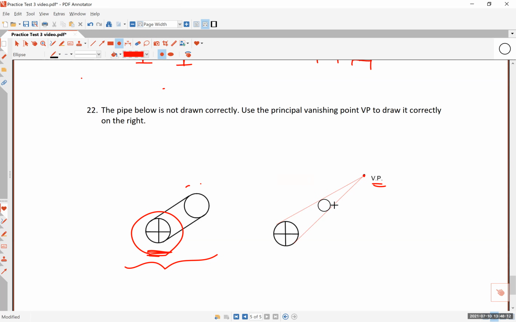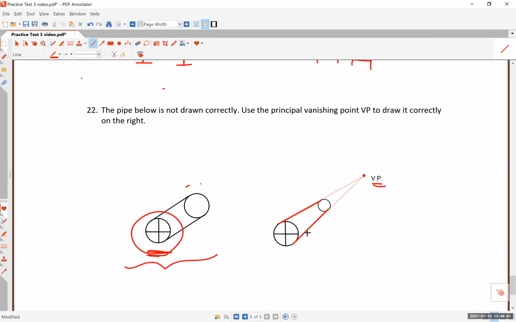Now this circle will be smaller because it is farther away from the front face of the pipe. At this point, what you want to do is make it thicker, with more of a solid line, just following this like this.